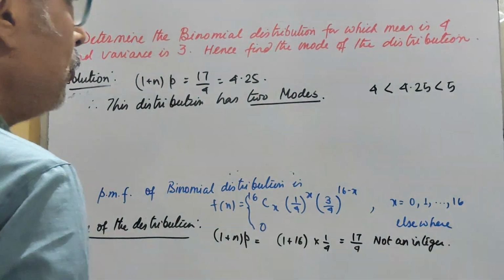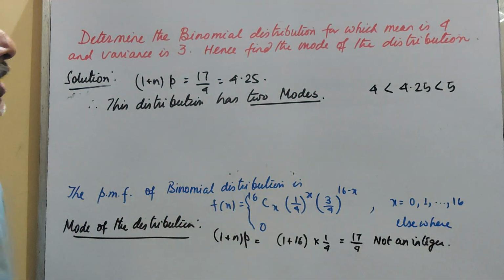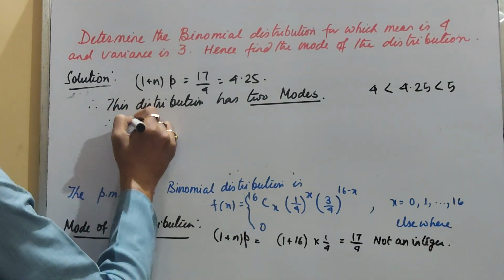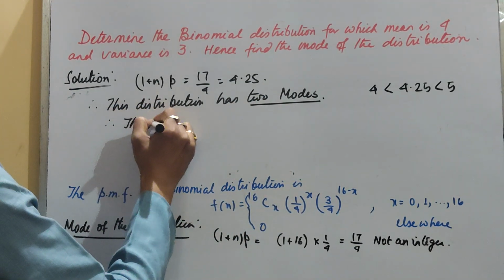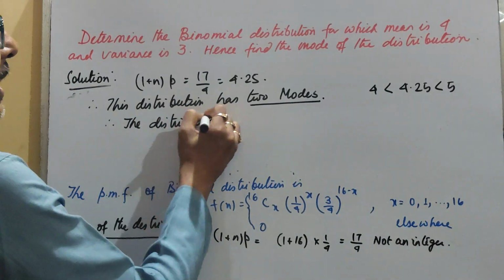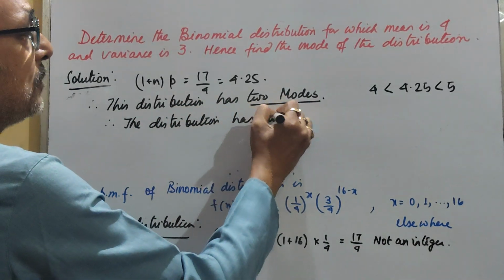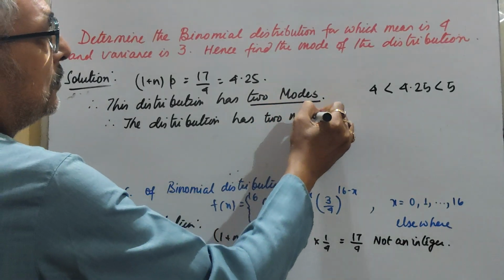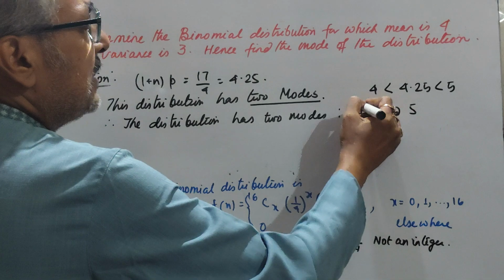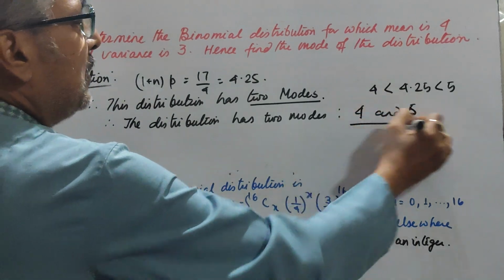Therefore, the binomial distribution has two modes, 4 and 5. This is the answer of the second part.